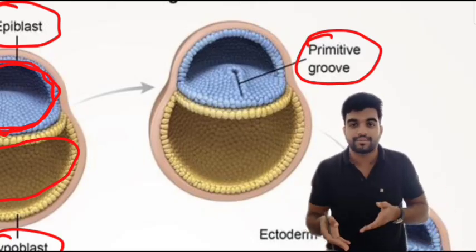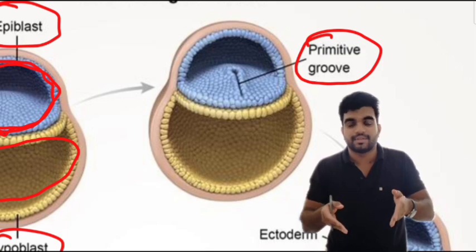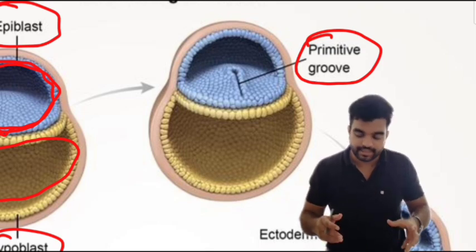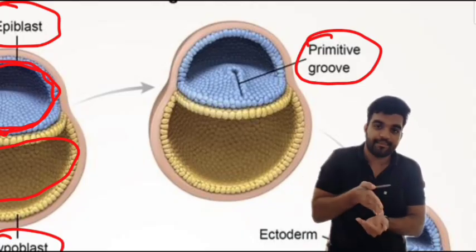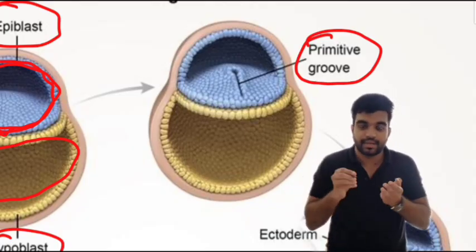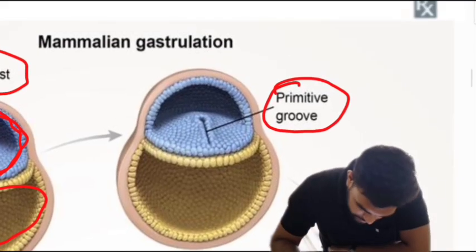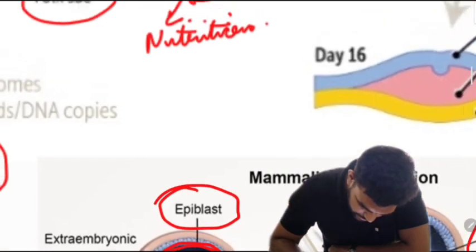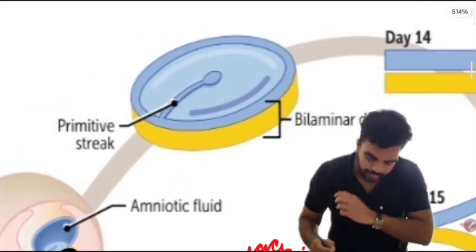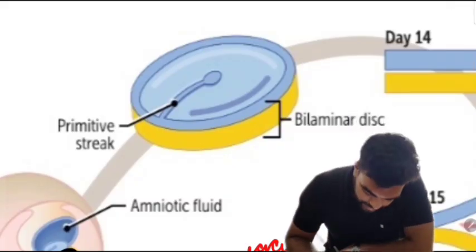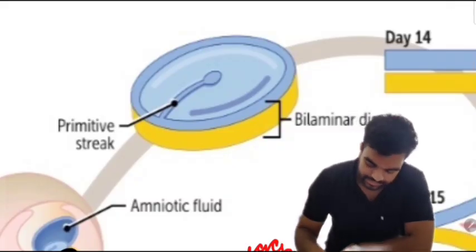Notochord formation from the primitive groove will take place. All these things, right? What is this primitive groove? Primitive groove is a groove that has happened inside the epiblast. So let me be clear here. This is an opening, the primitive streak, inside this epiblast, which is connecting the epiblast with the hypoblast.